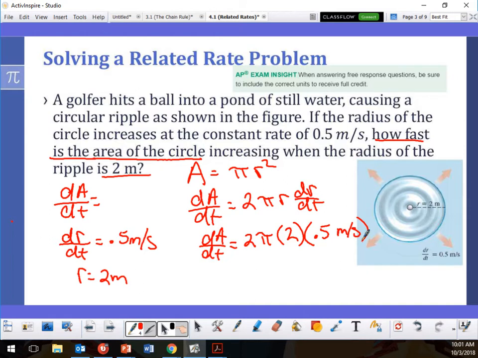Half of 2 is 1, times this. So my change in area over time is going to be 2 pi meters squared per second.